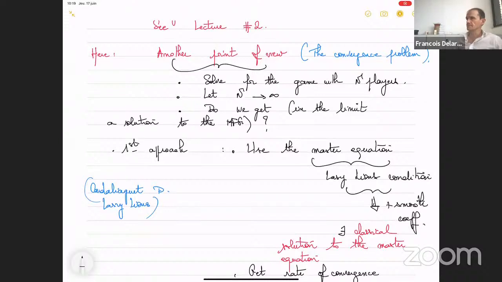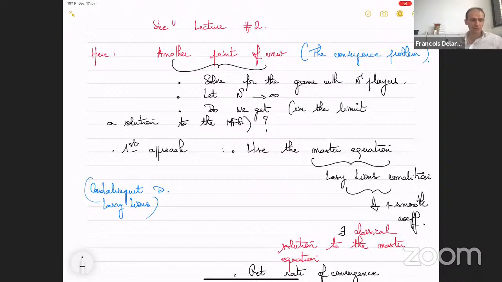And really, the starting point is to go back to the Nash system. The Nash system is something that I have not spoken about, and this is one of the things that I should speak about to have a kind of complete overview on mean field games.